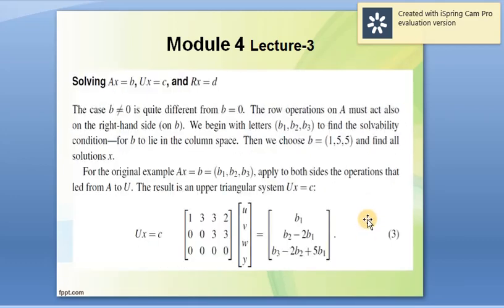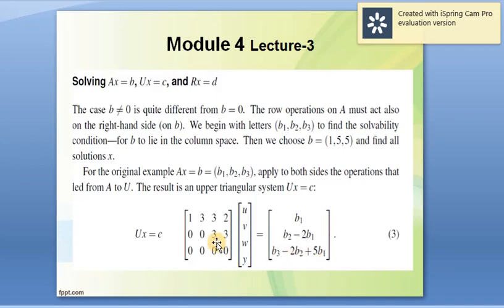Now, when we obtained Ux equals c from Ax, the operations were performed even on b. So b1 is 1, and b2 minus 2b1: b2 is 5 and 2b1 is 2, so when we subtract, 5 minus 2, we get 3, and similarly the last would be 0.